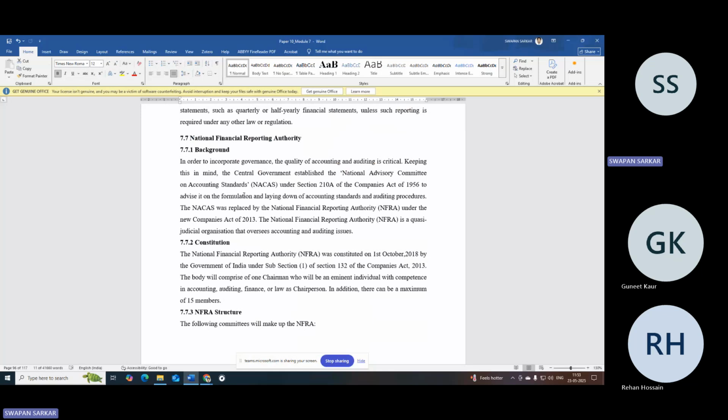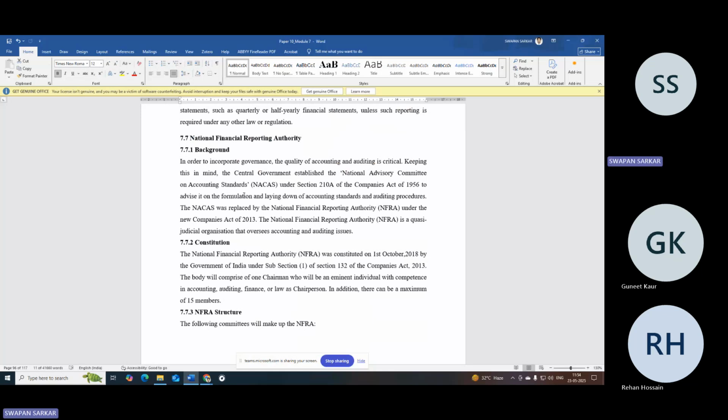Constitution. The National Financial Reporting Authority was constituted on 1st October 2018 by the Government of India under subsection 1 of Section 132 of the Companies Act 2013, and the body will comprise one chairman who will be an eminent individual with competence in accounting, auditing, finance, or law as chairperson.